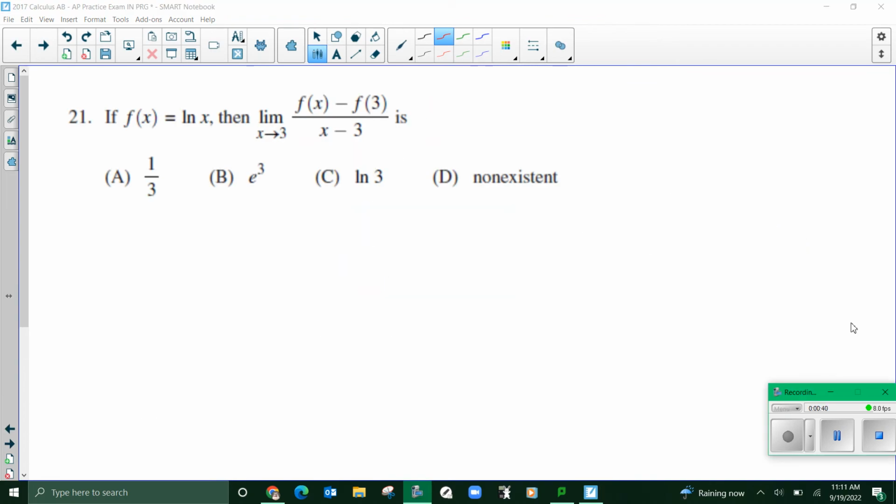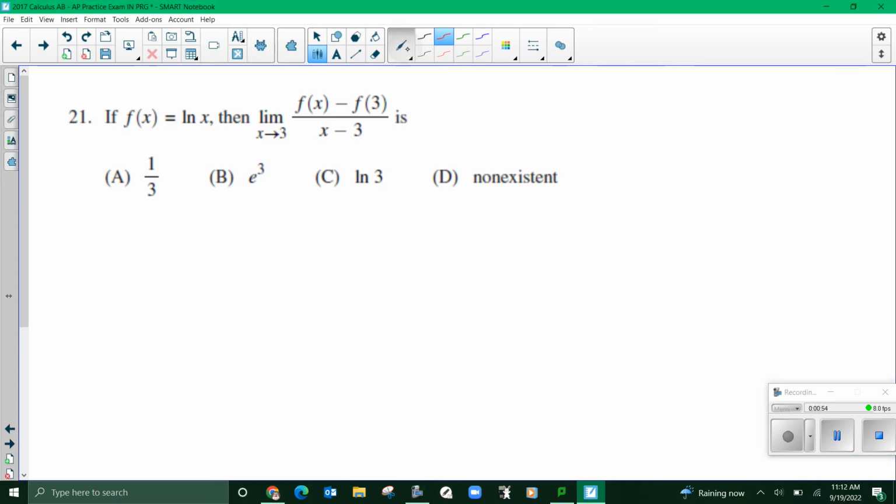Number 21. If f of x equals the ln of x, then the limit as x approaches 3 of f of x minus f of 3 all over x minus 3 is. All right, well, the first thing you should realize is this right here is how you find slope.